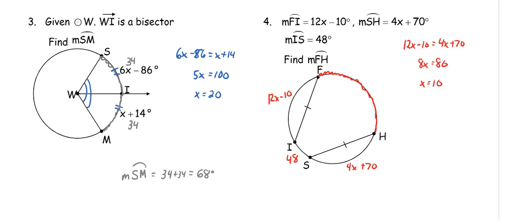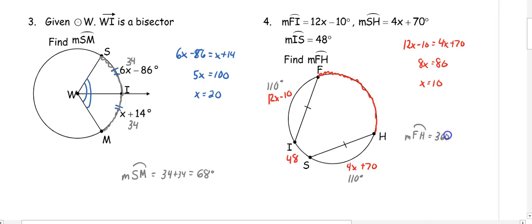Once we know x is 10, we can substitute in, and we get that these are both 110 degrees. To get the measure of FH, we would do 360 minus the arcs we know, so minus 110 minus 110 minus 48. And we would get that our arc would equal 92 degrees.